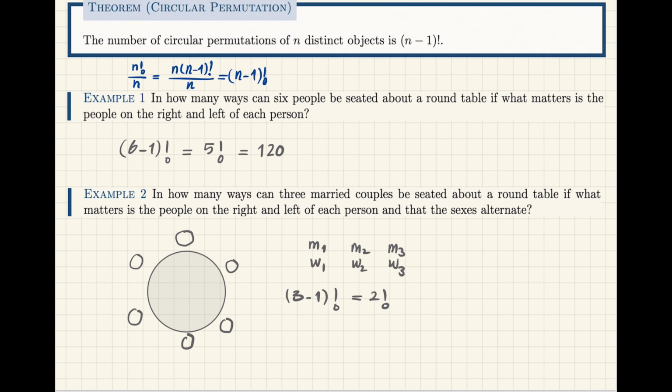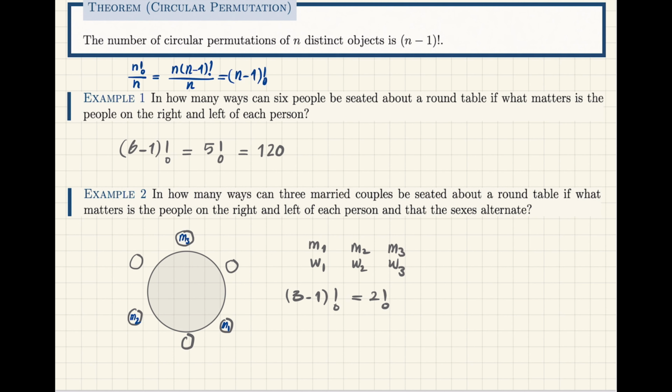Now the point is that when I put the men in these positions, let me assume that I chose this place for man number 3, this position for man number 1, and this position for man number 2. Now, if I want to put the women here, I am not allowed to use circular permutation.